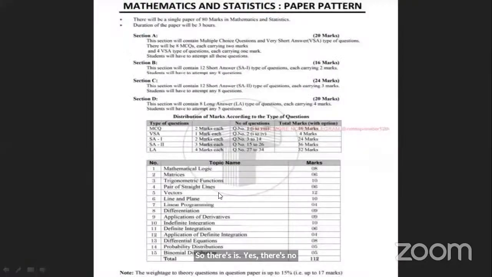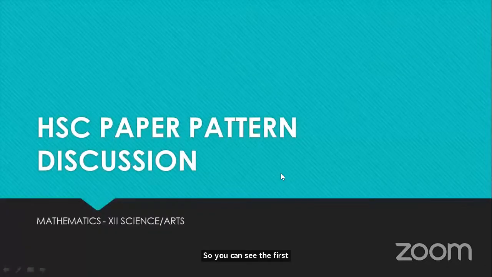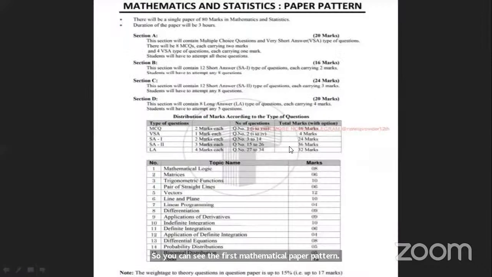So you can see the first mathematics paper pattern. Here, second page I am sharing right now. So you can see how many sections are there: section A, section B, section C and D.